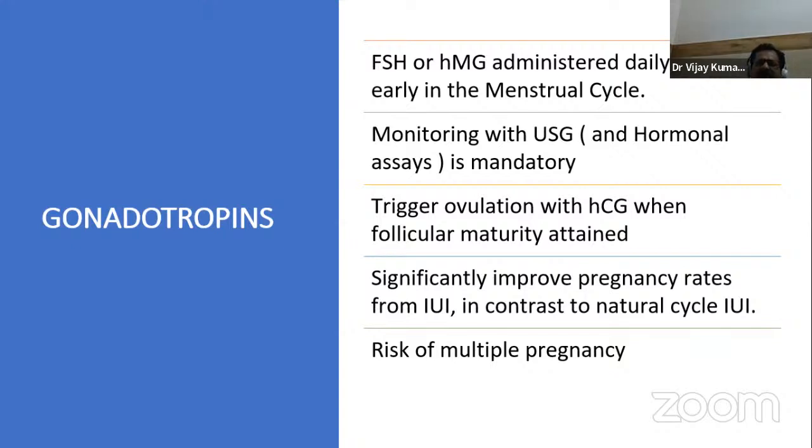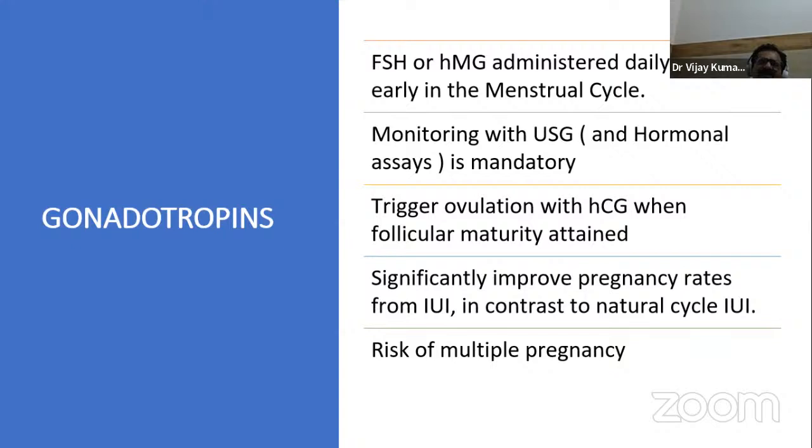Again, the monitoring will be done with ultrasound, that is follicular scan. Trigger ovulation with HCG when follicular maturity is attained, and it significantly improves the pregnancy rate because it doesn't just go on treating the basic vicious cycle, but instead replaces the endogenous gonadotropins and directly starts stimulating the ovaries to have follicular development.